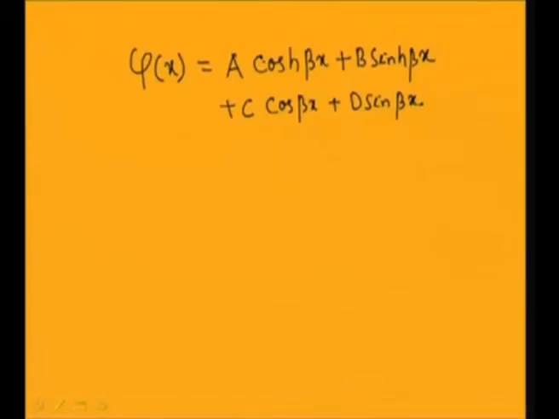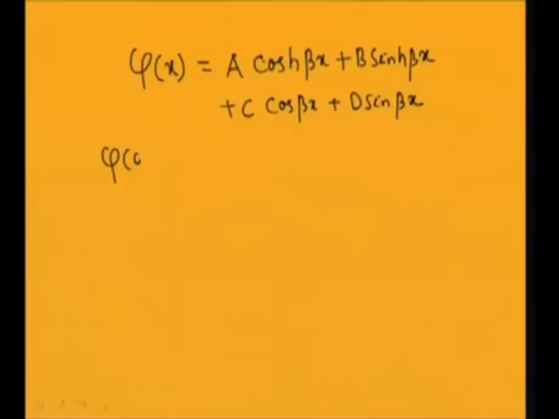By substituting x equal to 0, that is displacement equal to 0, psi 0 equal to 0 implies A into cosh 0, which equals 1, plus B into sinh 0, which is 0, plus C into 1 plus D into 0, equals 0.